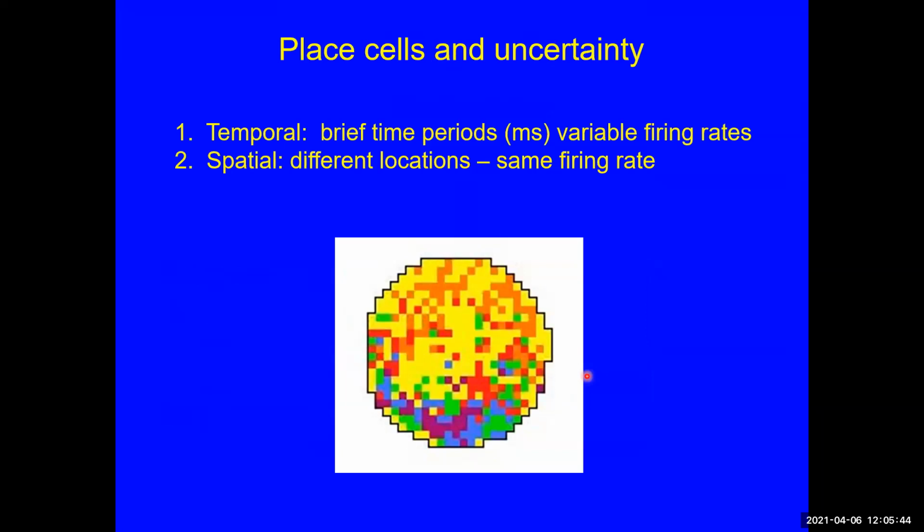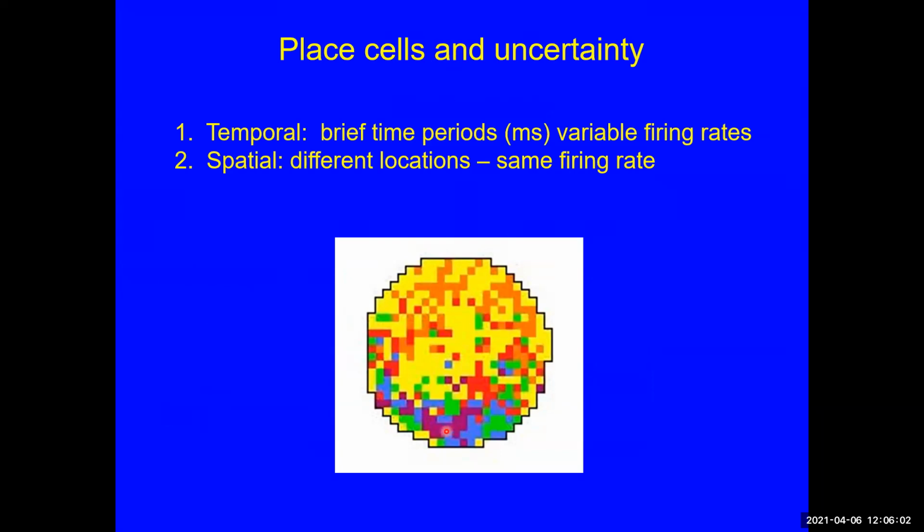And it's worth thinking about variability here, that these are just firing rates. The purple is when the cell's firing really fast, yellow is when it's firing hardly at all, and the other colors are somewhere in between. But there's a lot of variability here.